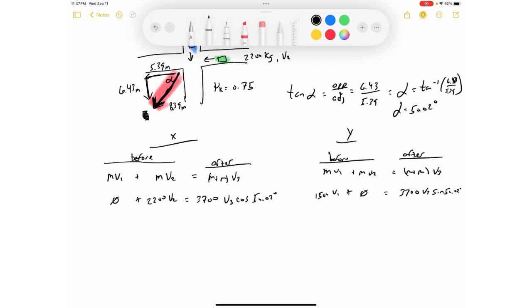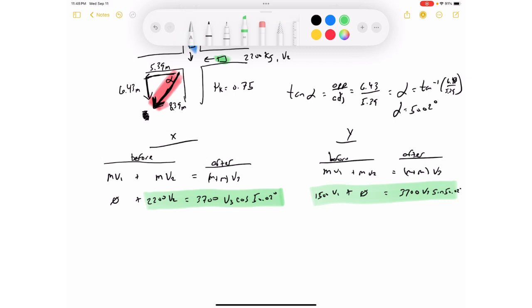And so now that's correct, right? So now I have this formula over here: 2,200 V2 equals 3,700 times V3, but I want just the x component of V3, so it's V3 cosine 50.02 degrees. And then over here, I have 1,500 V1 equals 3,700 V3 times sine of 50.02.